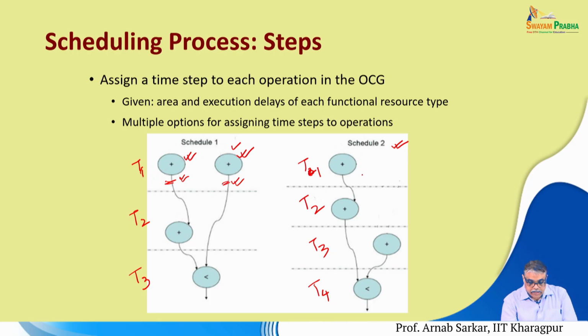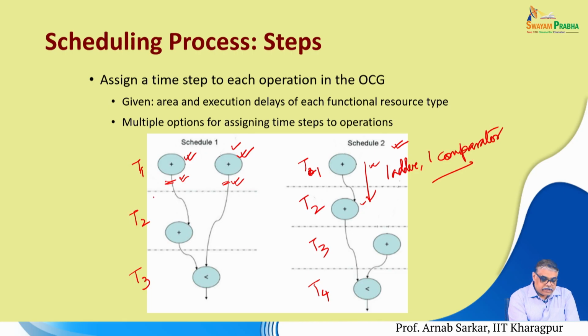However, in schedule 2 we see that the two addition operations have been performed in different time steps, and hence for this schedule we will require only one adder and one comparator.